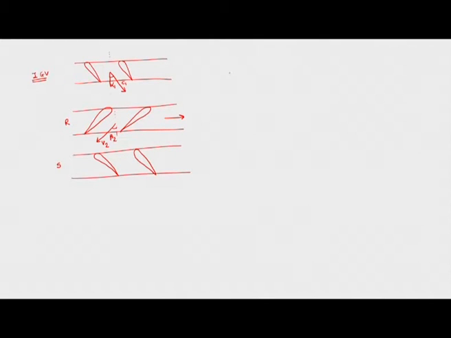Now, the flow is coming with velocity C1 into the rotor, where the rotor is moving with velocity U. That is where we get the velocity V1, which is relative to the rotor, and we know that this is alpha 1, this is beta 1.